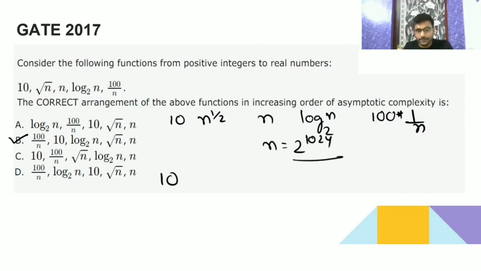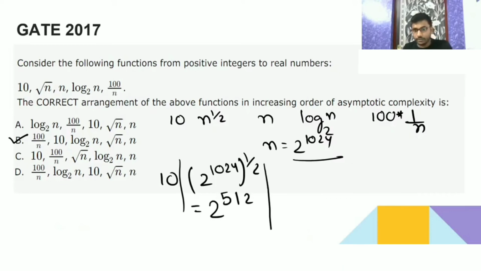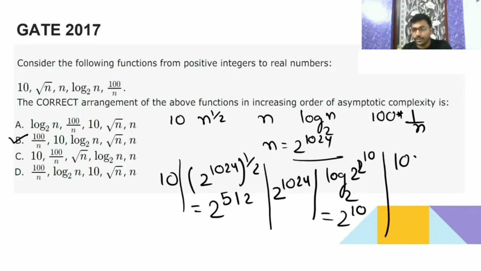Here you will get 10, 2 to the power 512, 2 to the power 1024. Then log of 2 to the power 10 gives 10, since 1024 is 2 to the 10, and here you get 100 by 2 to the power 10, like 100 by 1024.